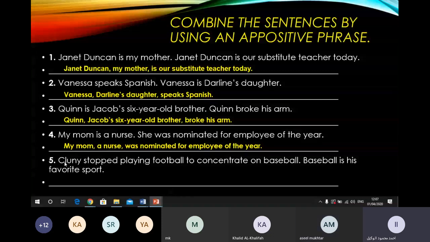So after baseball, add a comma, and then what identifies it? So Clooney stopped playing football to concentrate on baseball, comma, baseball is his favorite sport. So if I added a comma, I will not say baseball again. So we ellipse baseball from the second clause, and the verb, and just add his favorite sport. Okay.